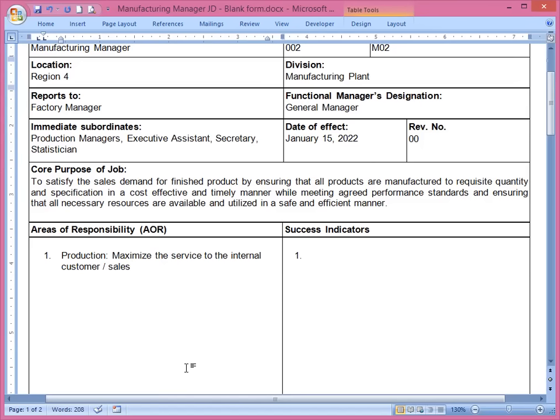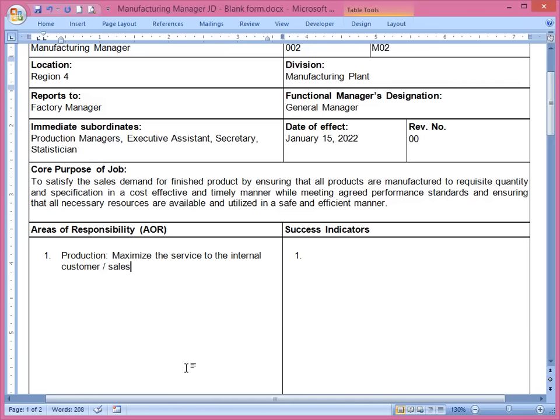So you put a slash sales. When you talk about internal customer, you talk about outbound logistics, the transport department. Those are internal customers because you are supplying the finished products to these functions of the company. It is also the responsibility of the outbound logistics to handle all the finished products in terms of storage and management, and then they will issue the products to the transport department, who have the trailers and transport units where they load all the products and deliver to the depot across the country.